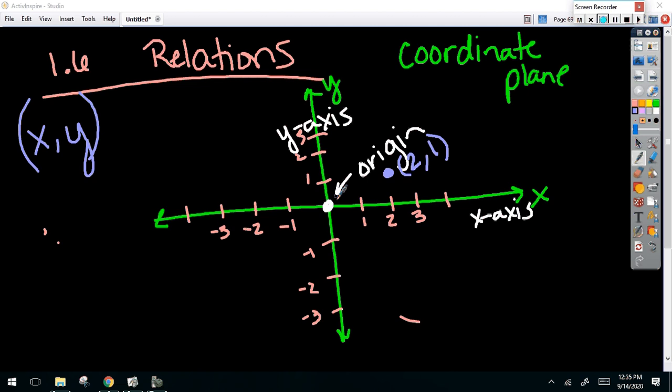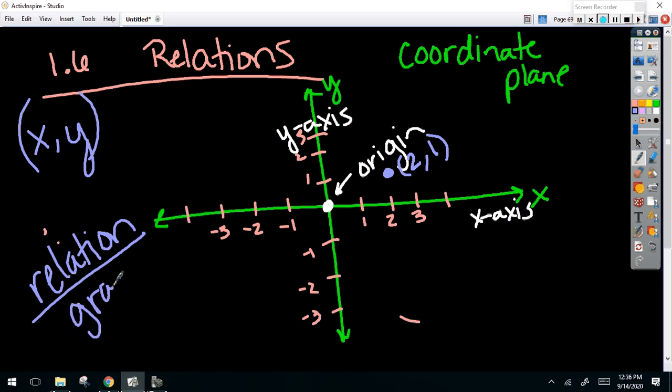Oh, never mind. Okay. So a relation can be on a graph, where we draw the line, with a table, or as an equation.